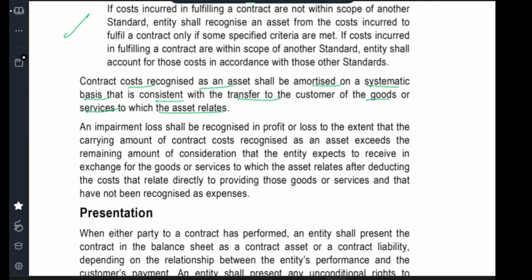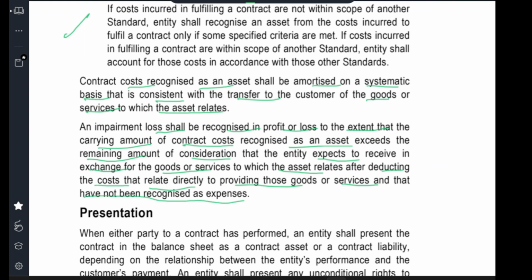That's the way. The impairment loss shall be recognized in profit and loss to the extent that the carrying amount of a contract cost recognized as an asset exceeds the remaining amount of consideration the entity expects to receive in exchange for the goods or services to which the asset relates, less the costs that relate directly to providing those goods and services and have not been recognized as expense.